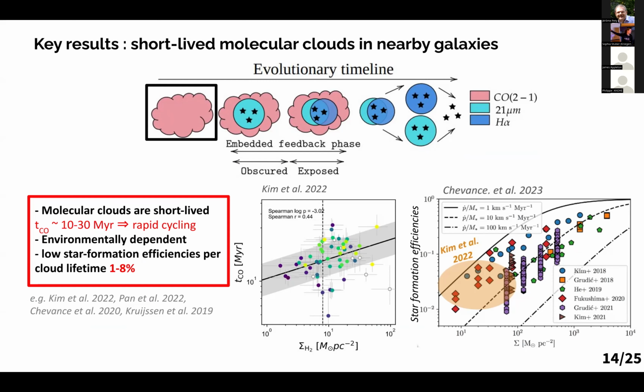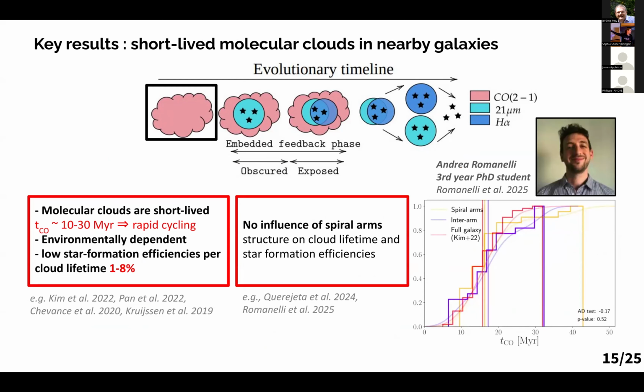A second very interesting result concerned the feedback phase, and specifically, we had just a piece of evidence, an interesting result with a PhD student working in my group, when we focused on the cloud lifetime in inter-arm regions and spiral arm regions, with the idea that maybe in spiral arm regions we would have expected a shorter lifetime because of shear or collisions, just the dynamics of spiral arms.